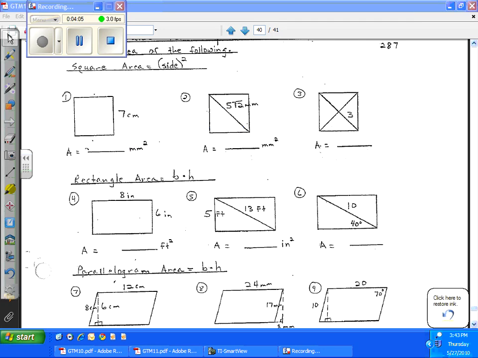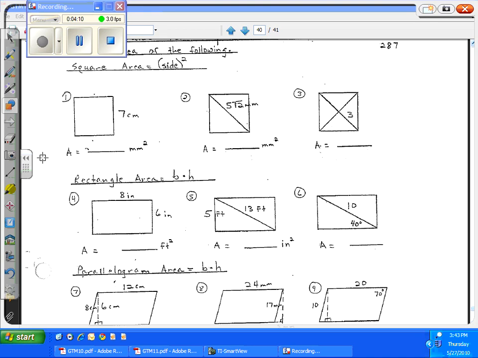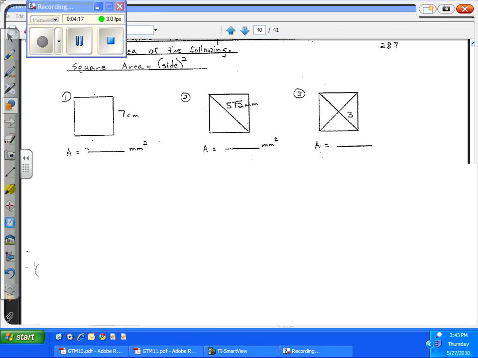Number three, we want the area of the square. So the formula for area of a square is side squared. So we're going to take whatever its side is, squared.